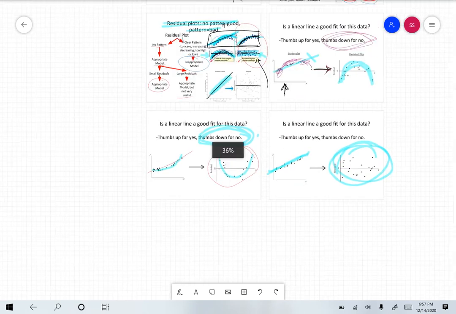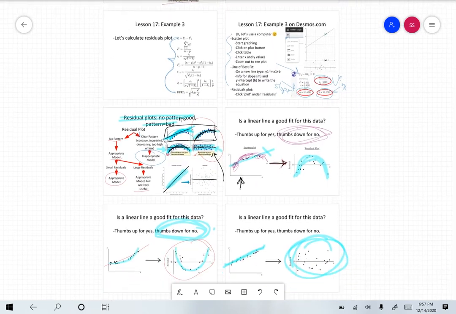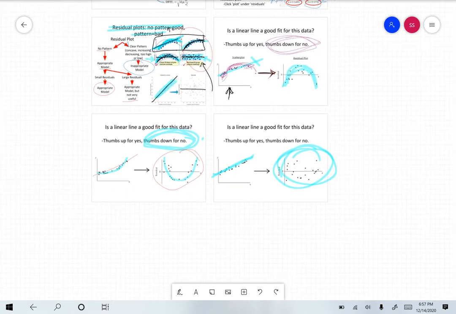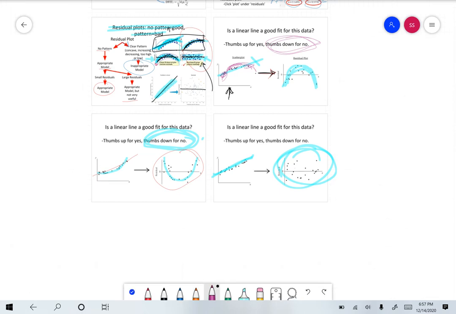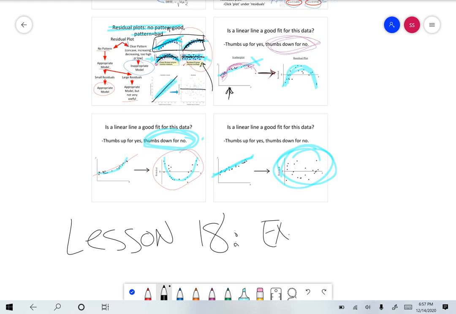Okay, that's it for today. There's no other work that you need to do. That being said, if you do want to practice on a problem on your own, a really good one that asks you to plot some data and then look at the residual plots, and again, you don't need to do this, but it's there if you want some practice, would be lesson 18, exercises 1 through 3.